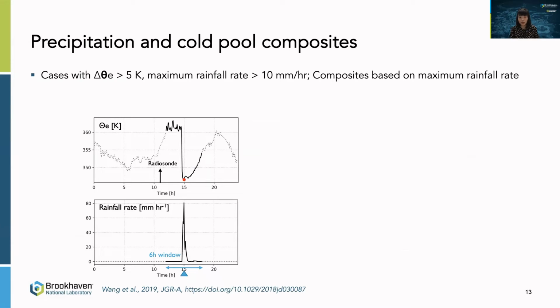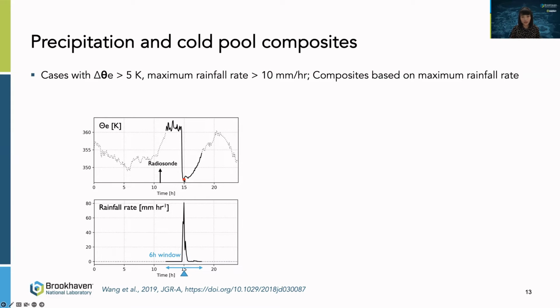As I mentioned, we are interested in the mature stage of an MCS since it's the strongest phase. So we want to make sure that when the system passes over the ARM site, it has a stronger cold pool and a larger rainfall rate at the surface. So we look at the surface measurements from ARM. One example shown here, you have surface theta E as a function of time and surface rainfall rate as well.